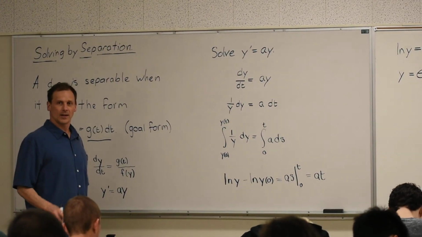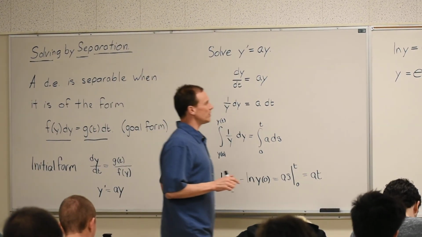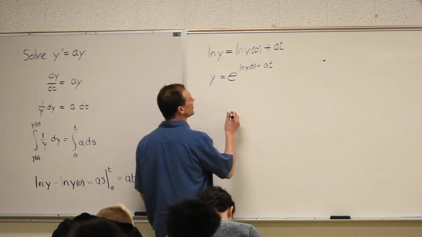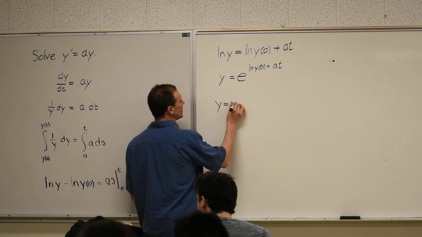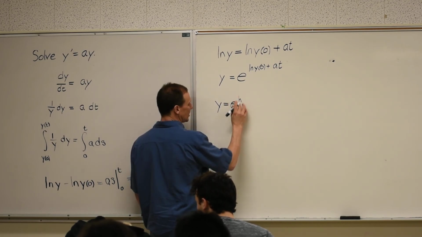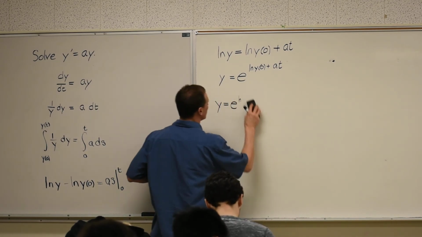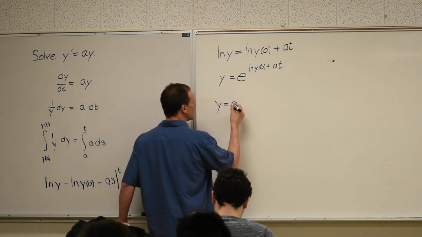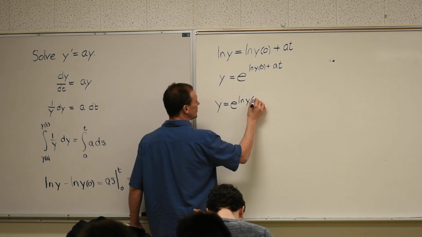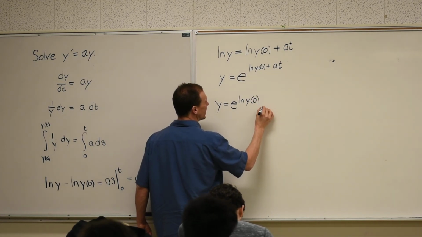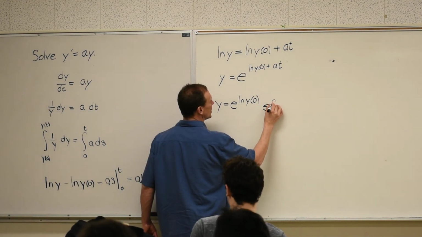And then let's use our rules of exponents. So we can write this as y equals e raised to the natural log of y of 0 times e to the a t.